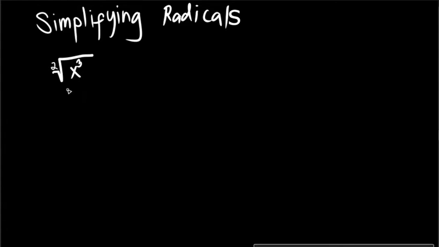So this is our rule number one. Rule number one says that you cannot have a radicand having a power greater than the index. So what we're gonna do is go through some examples.